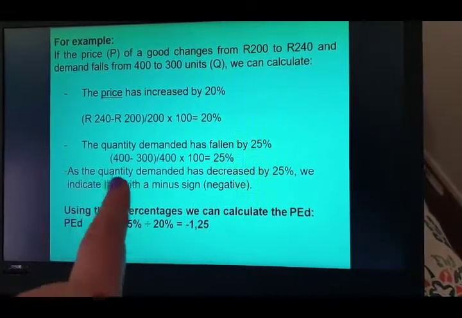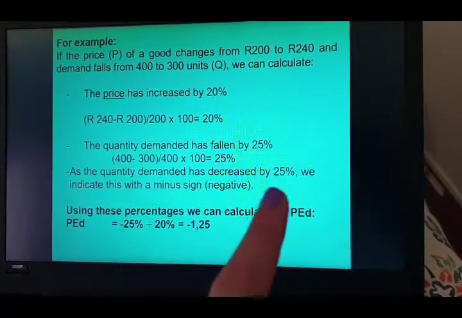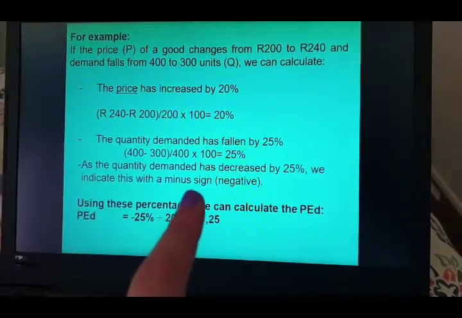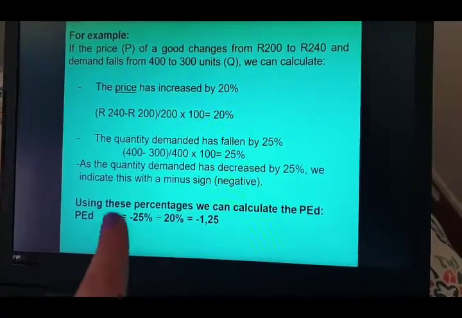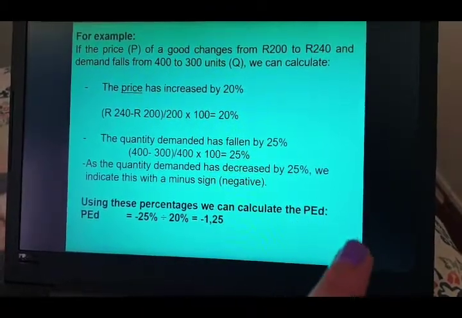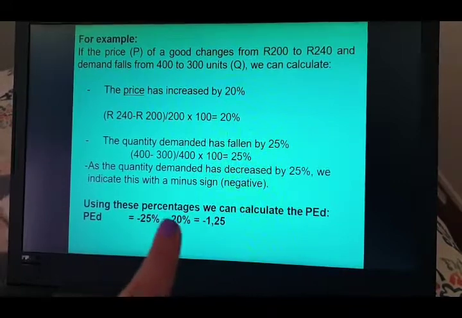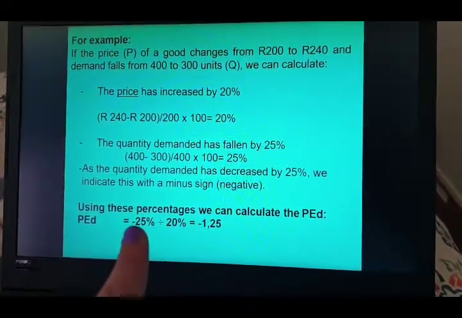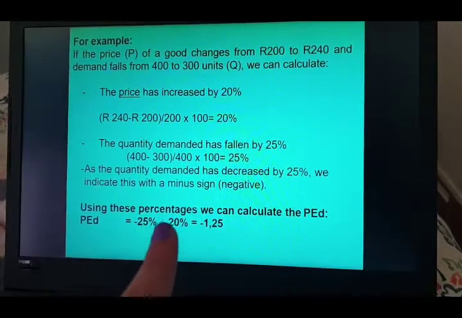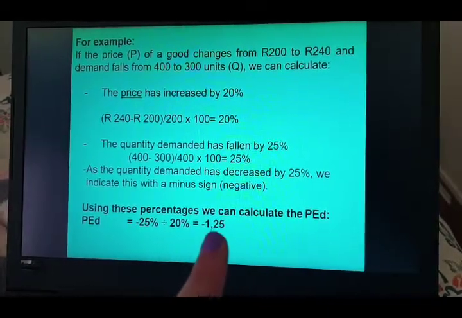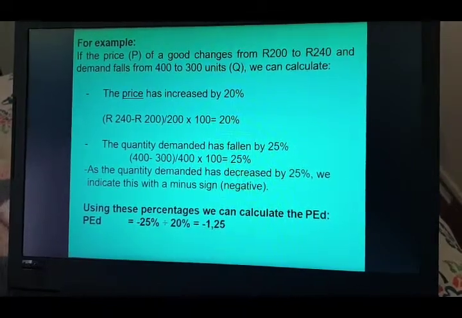So we can say the quantity demanded has decreased by 25%, and we indicate this with a minus sign, negative. Using these percentages, we can calculate the price elasticity of demand. Using my formula on the previous page, PED equals minus 25% divided by 20%, and my price elasticity of demand will be minus 1,25.